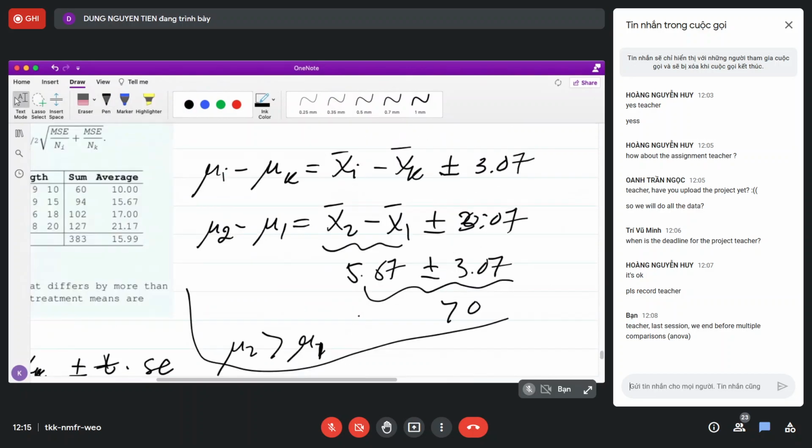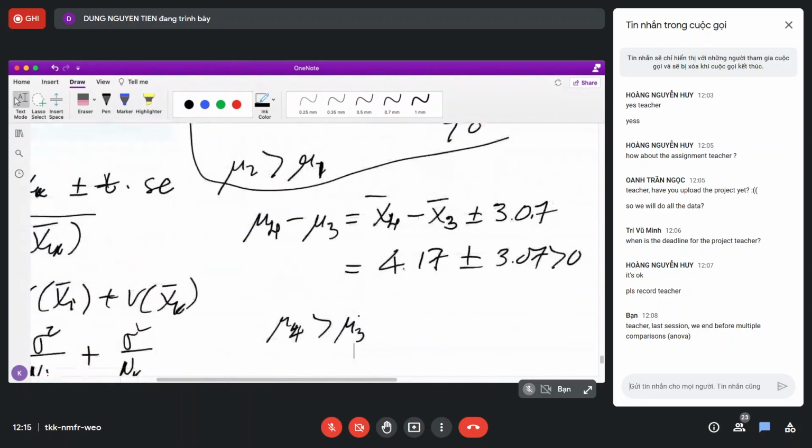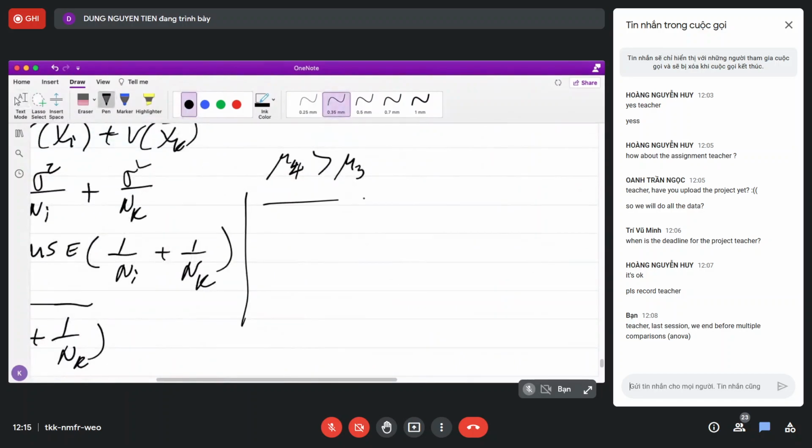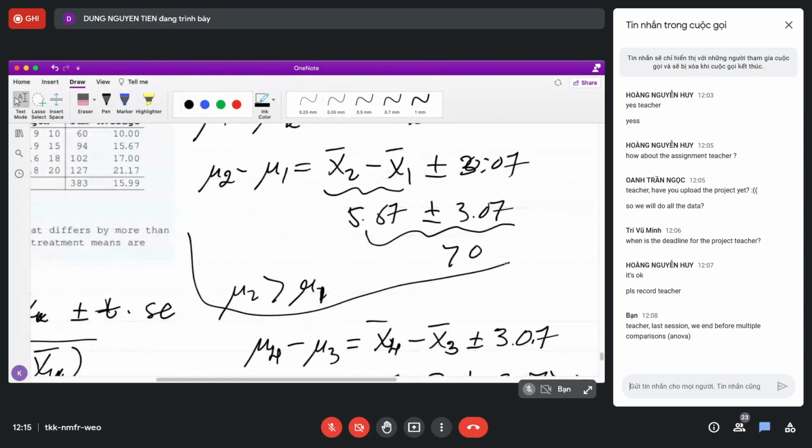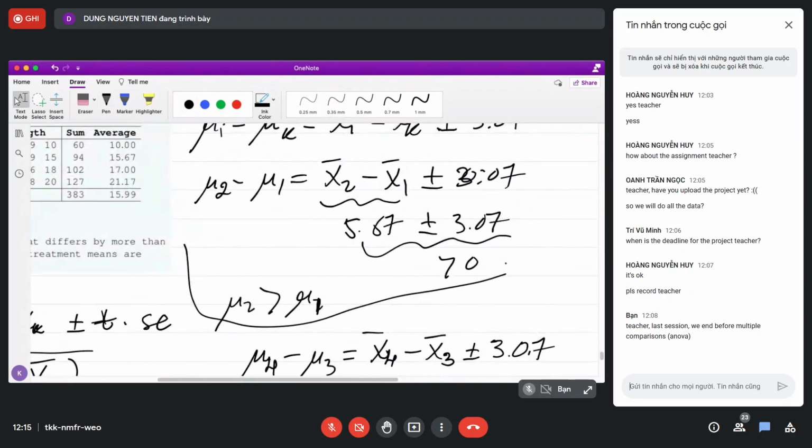Finally, you can compare mu2 and mu3. Mu3 minus mu2 equals x3 bar minus x2 bar plus or minus 3.07. The difference between them is less than 3.07, right? You get 17 minus 15.67, and that is 1.33.